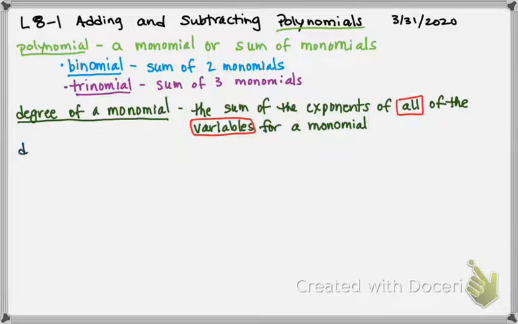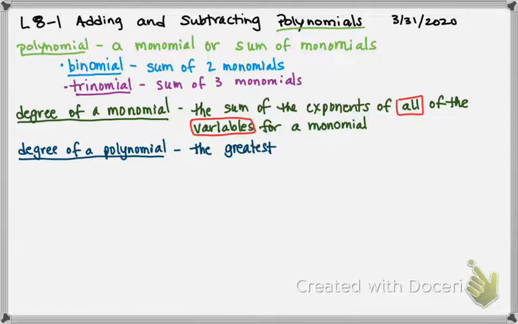So the degree of a polynomial is the greatest degree of any term, which is another way of saying monomial, in the polynomial.